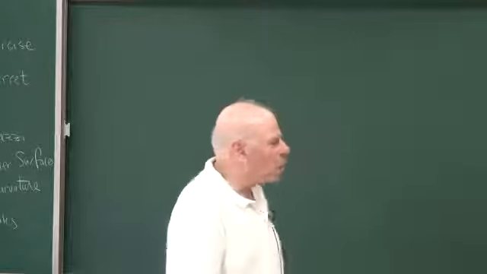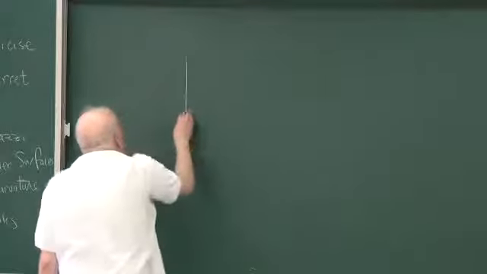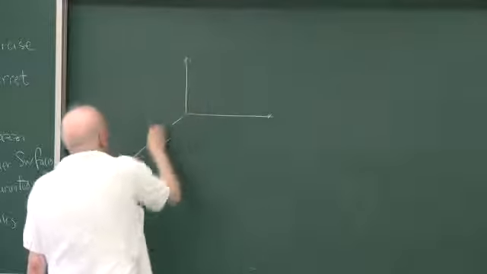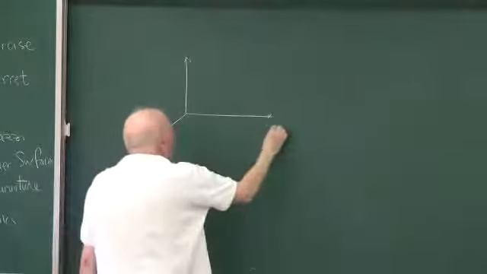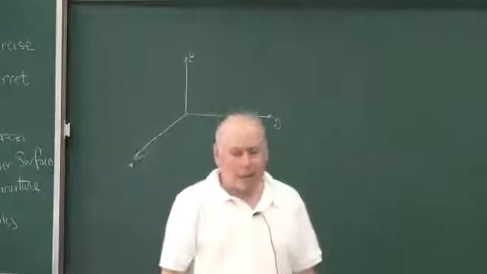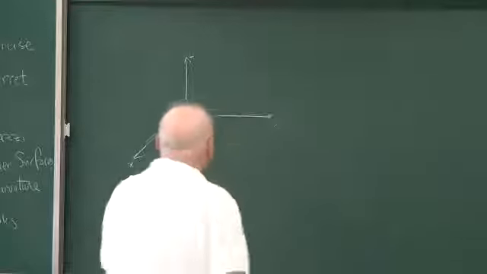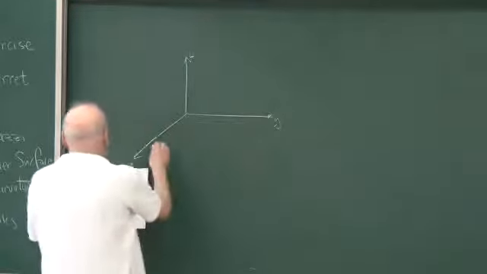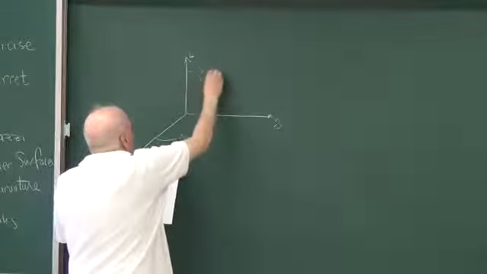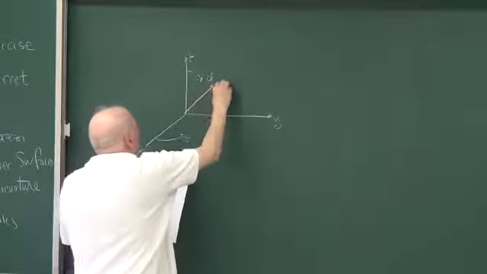Okay, so first let's do the calculus exercise, if I can do it correctly. So we make x, y, z, and now we take, of course I can do spherical coordinates, so theta, phi, okay, and r.